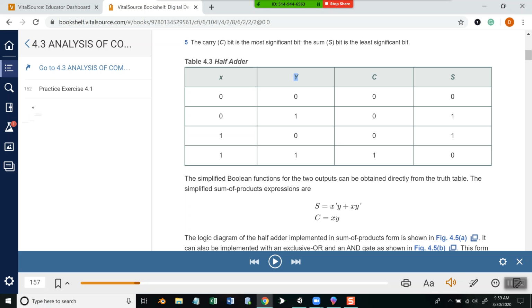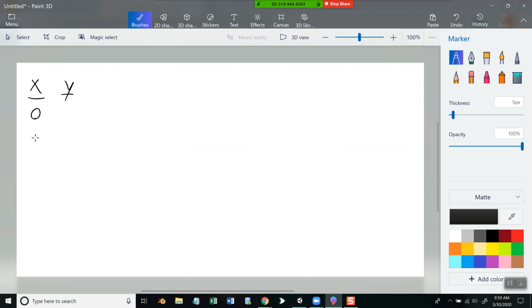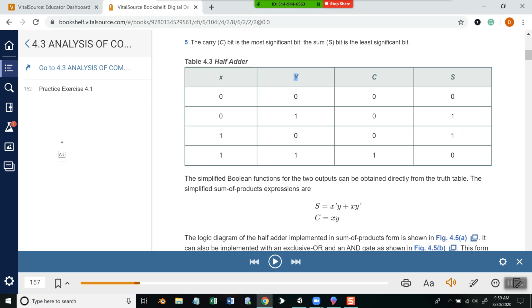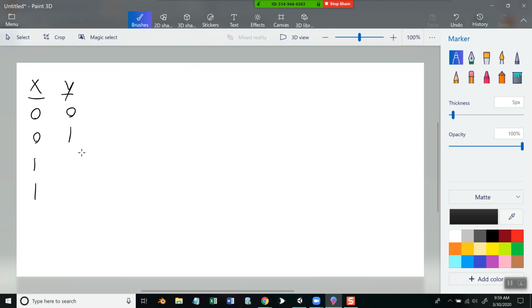Because X is 0, 0, 1, 1, and Y is 0, 1, 0, 1. And the logical thing to do is at least have a column for X prime and Y prime. And so then this would be 1, 1, 0, 0.